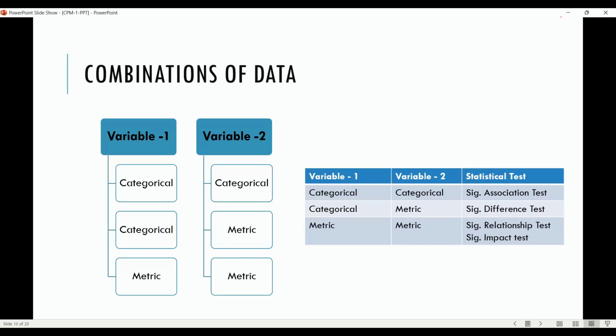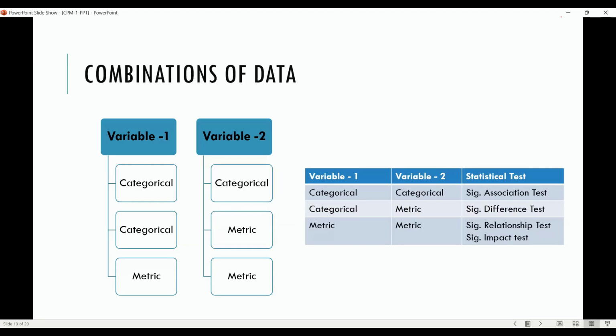First and foremost, if both the data are categorical in nature, at that point of time we will use significant association test. If one data is categorical in nature and another variable is metric in nature, at that point of time we will use significant difference test. In case both the data are metric, at that point of time we will use significant relationship test or impact test. So I hope you got it.